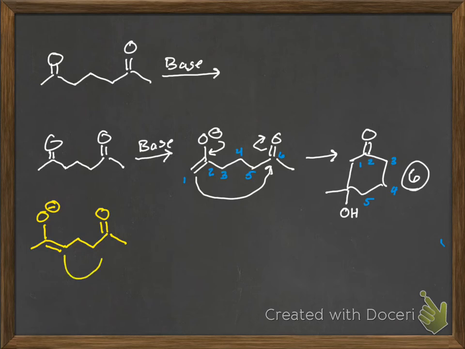This one down here, we try to do the same thing. We have a 1, 2, 3, 4-membered ring. Very much not favored. So it would look like this.